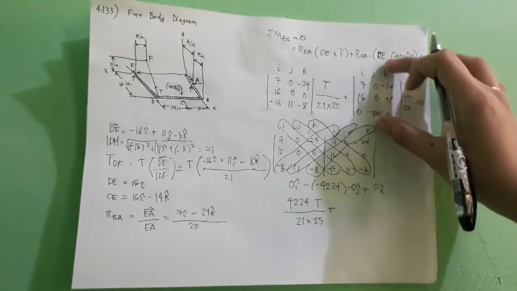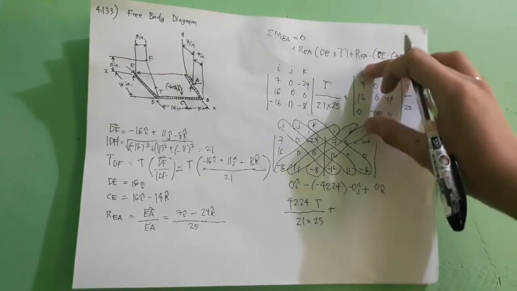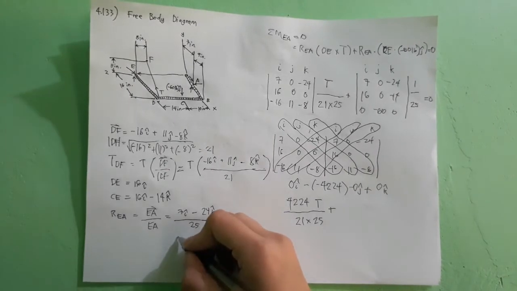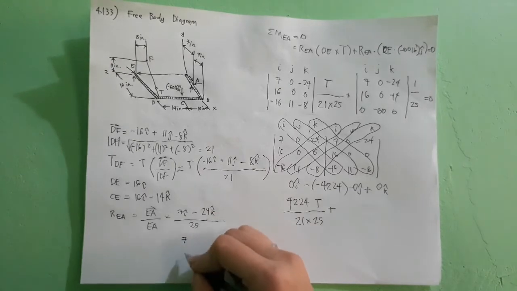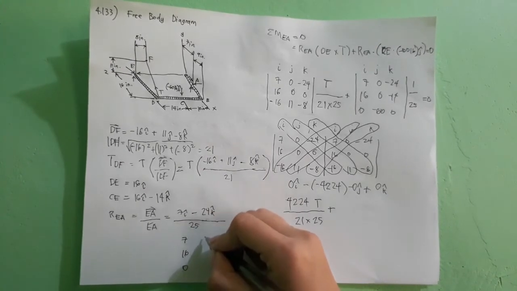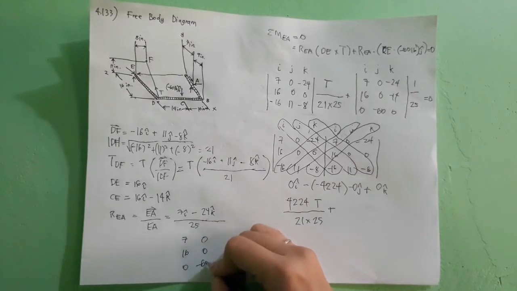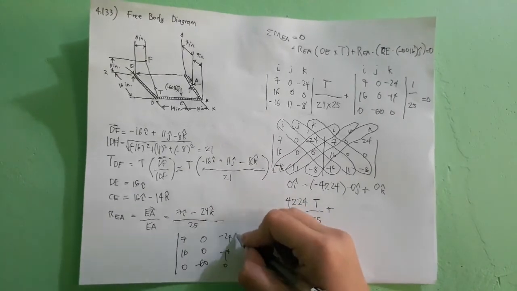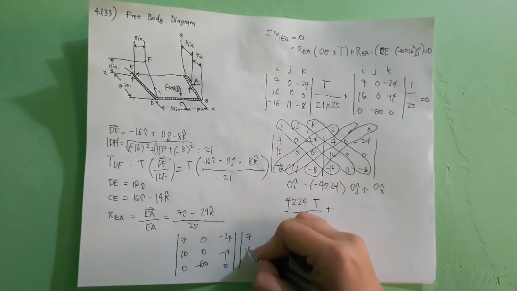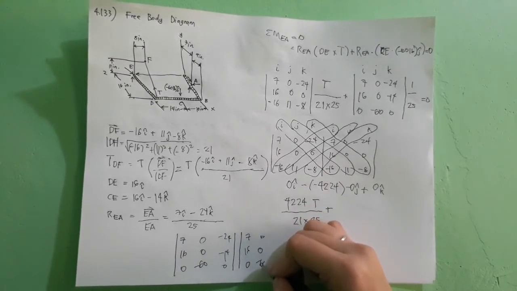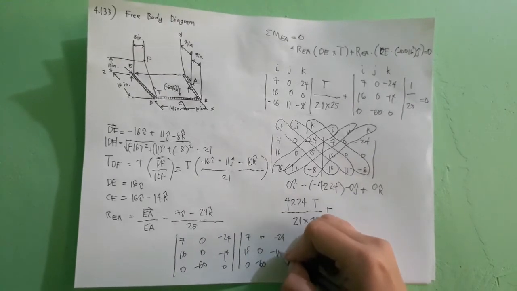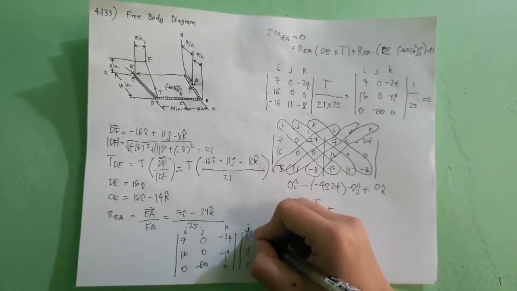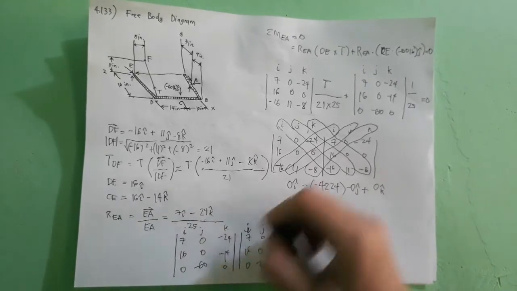next you need to solve this side. The matrix i, j, k; 7, 0, negative 24; 16, 0, negative 14; 0, negative 60, 0.